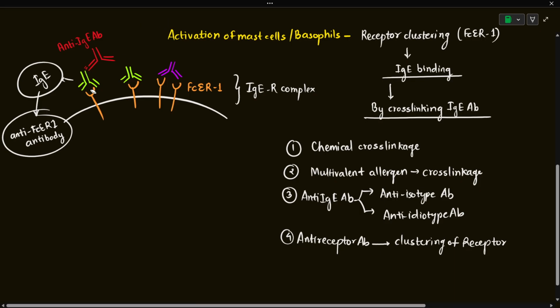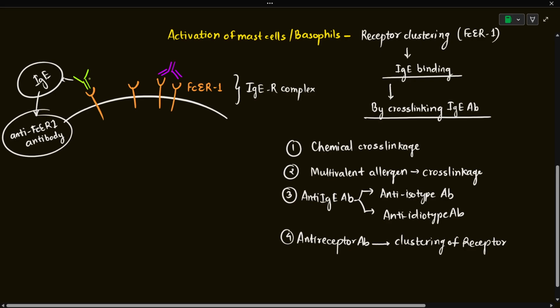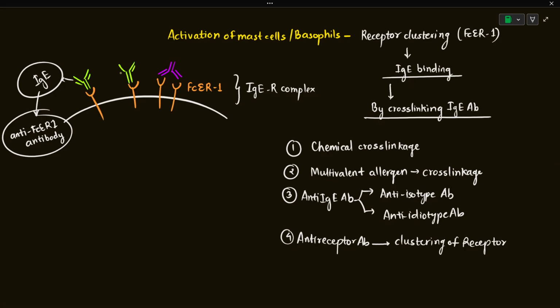In this schematic, I made a mistake. When we draw the antibodies binding to the receptor, I should have drawn it something like this. The antibody will come and bind to the receptor in this manner.